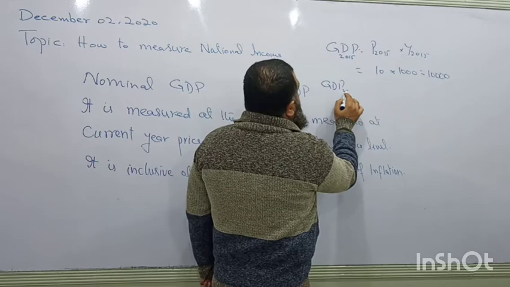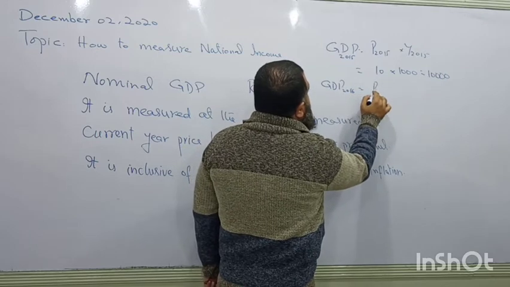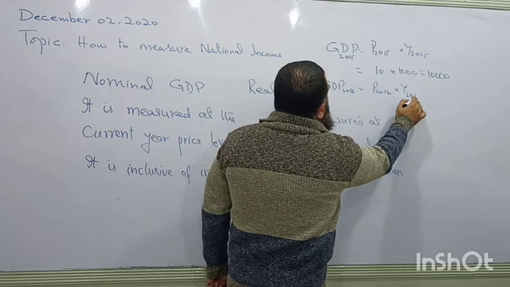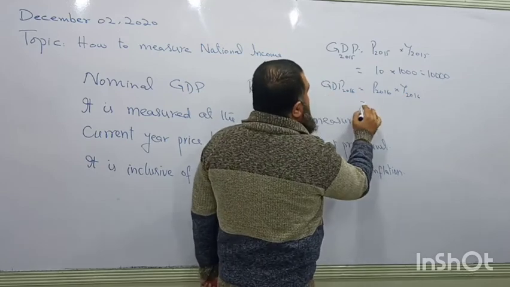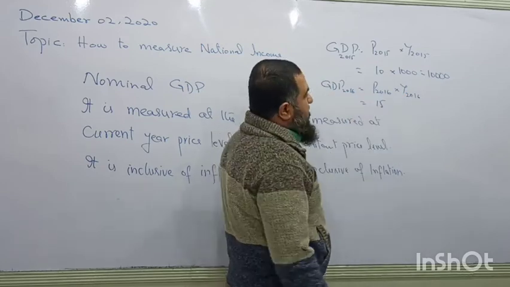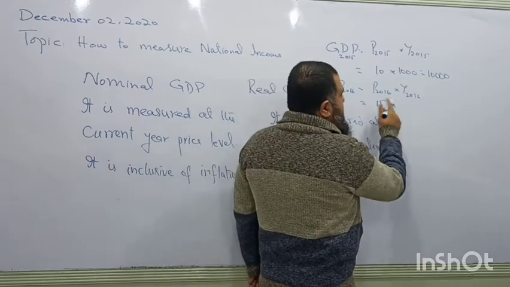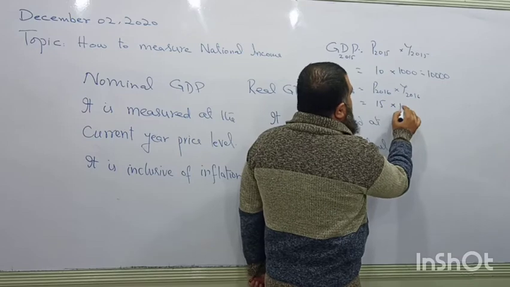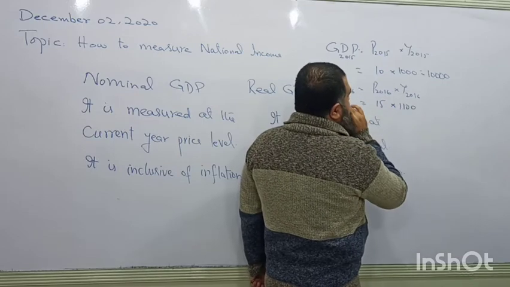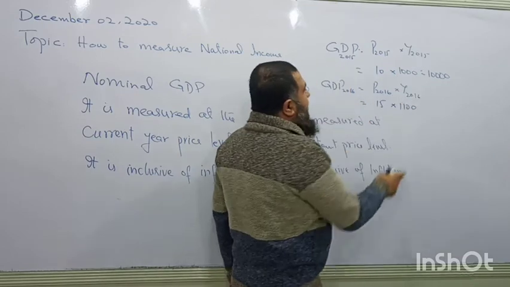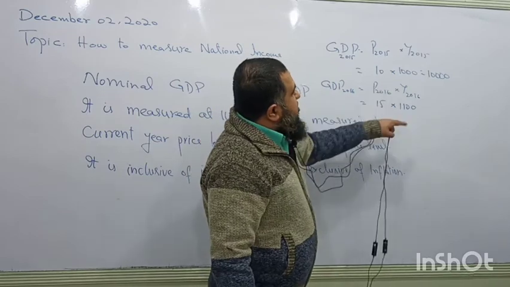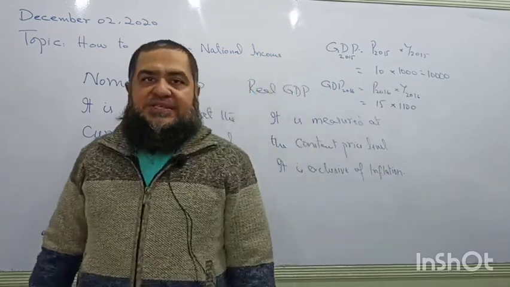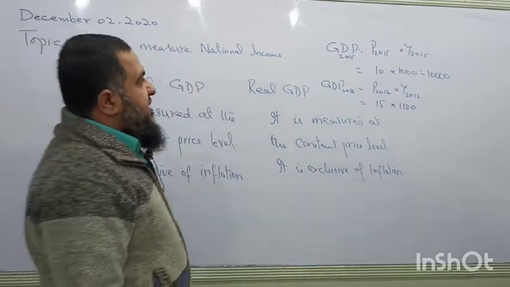So this is the GDP of 2015. But if we say in 2016, the prices of 2016 multiplied by the output level of 2016. Now see, prices have increased by 50%, and output has increased only to 1100. Okay, you can see over here output has only increased by 10%, whereas the general price level has increased by 50%.